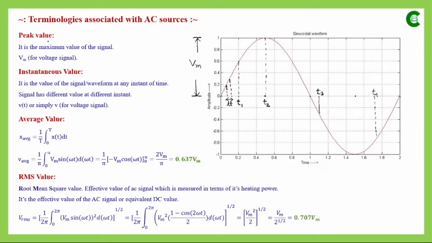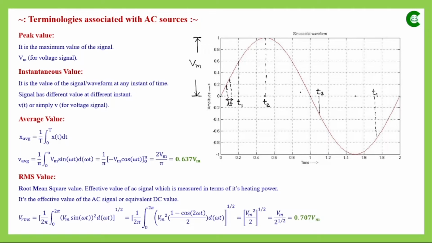The first terminology used in case of AC sources is peak value. The peak value is the maximum value that we get in an AC signal on either side. On the positive side, at this point the value of the signal is maximum, and in the negative cycle also, at this point the value is maximum but with a negative sign.